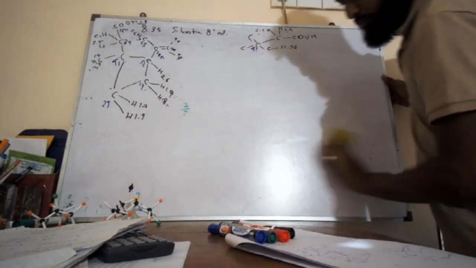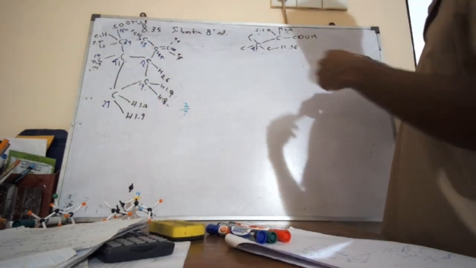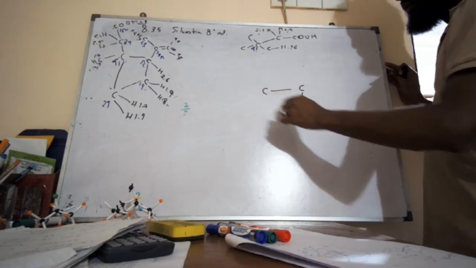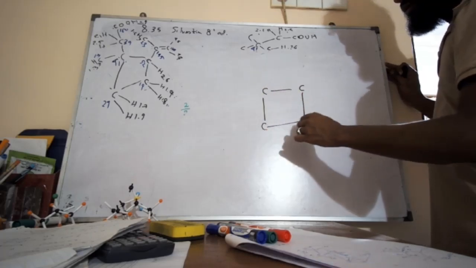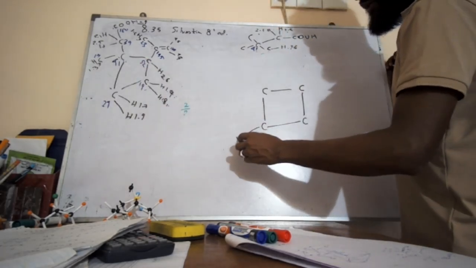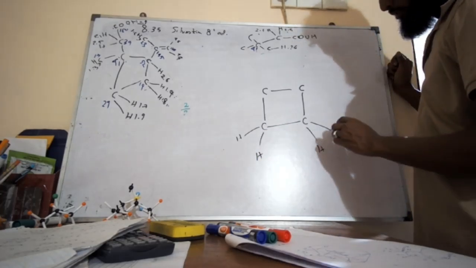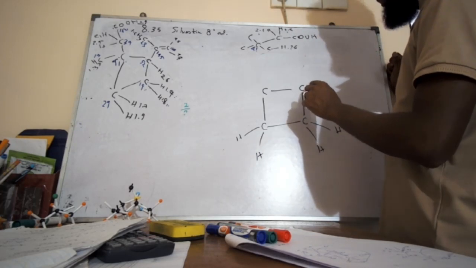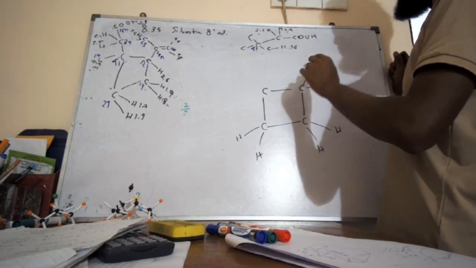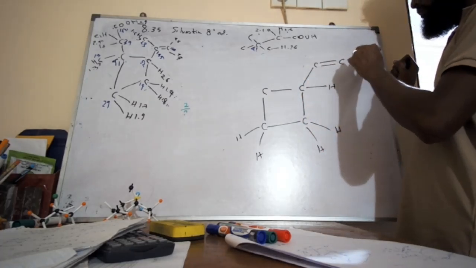Okay, so the problem that we are having, we can see there's a 4 carbon ring over there. We will draw it very nicely so that we can name it very nicely. So these two have hydrogens only, right? This one also has one proton, and then there is an olefinic carbon, which is a terminal olefin.